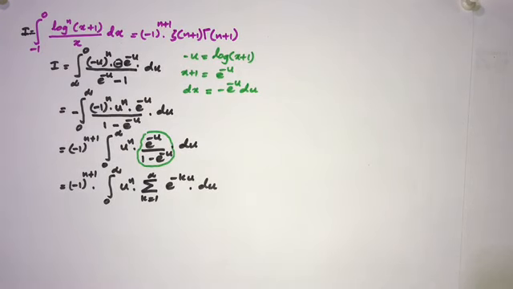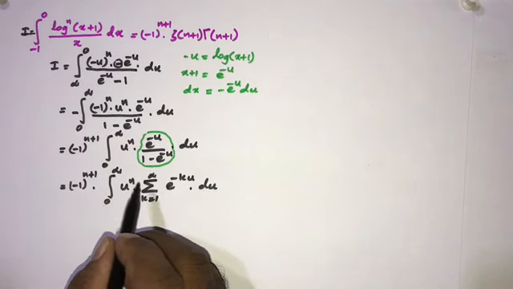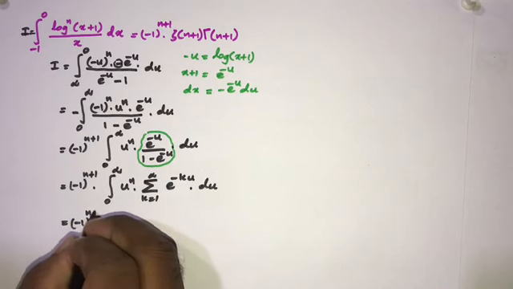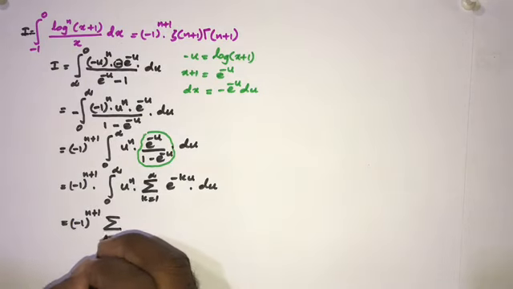Now we can write this summation outside of the integral sign, so (-1)^(n+1) sum from k=1 to infinity, integral from 0 to infinity of u^n e^(-ku) du.